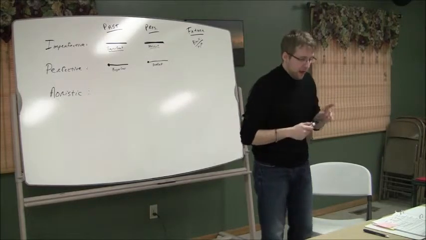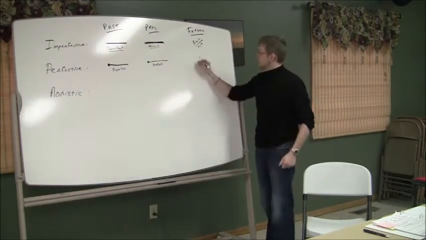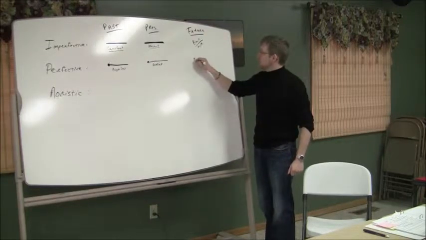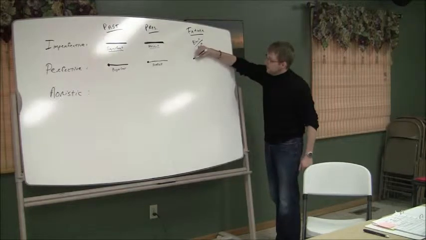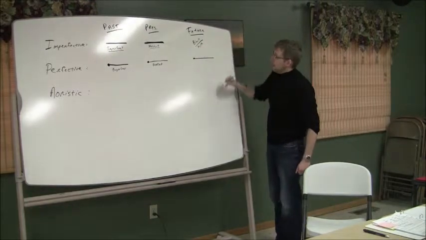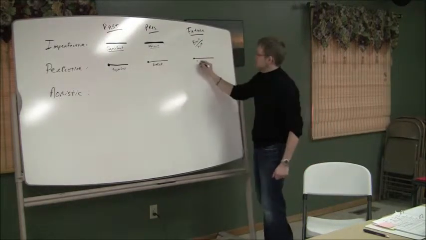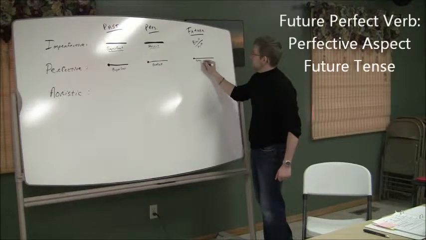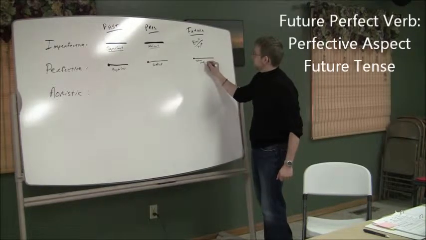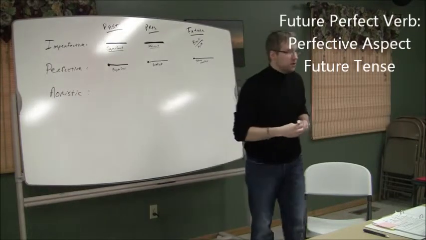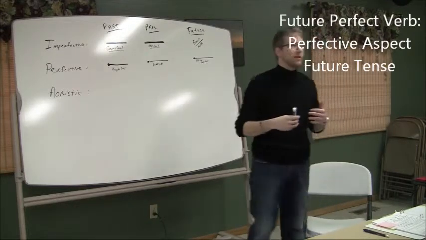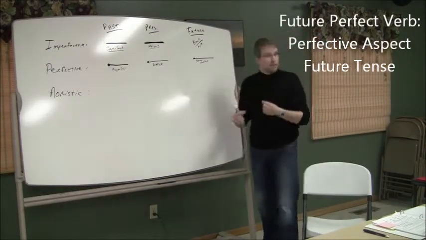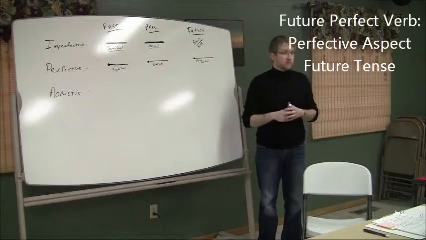Now, there is one here too that doesn't appear that much, but it is a perfective aspect that's happening in the future. And that's called a future perfect. That future perfect is an event that happens in the future with ongoing results.